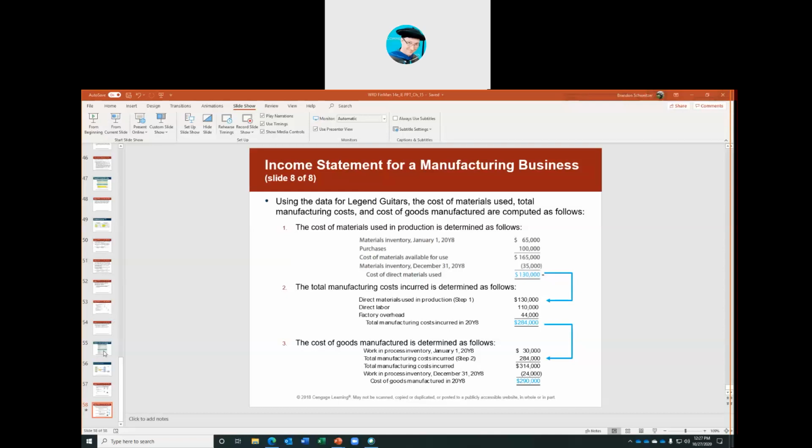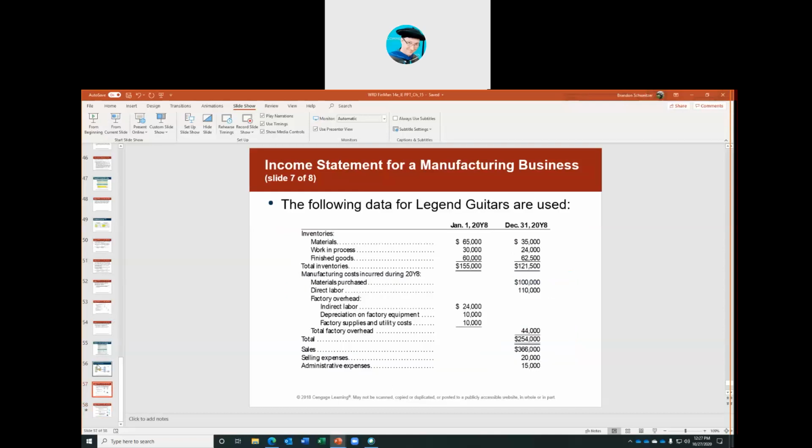Okay, so let's take a look at our inventories. Jesse, as you know, we have raw materials inventory, work in process inventory, and finished goods inventory. When I purchase materials, I add to my materials inventory.